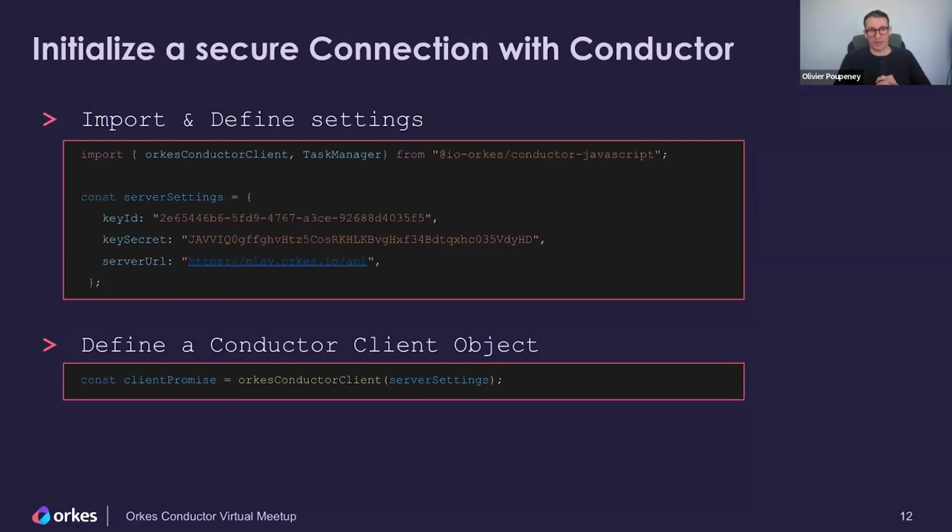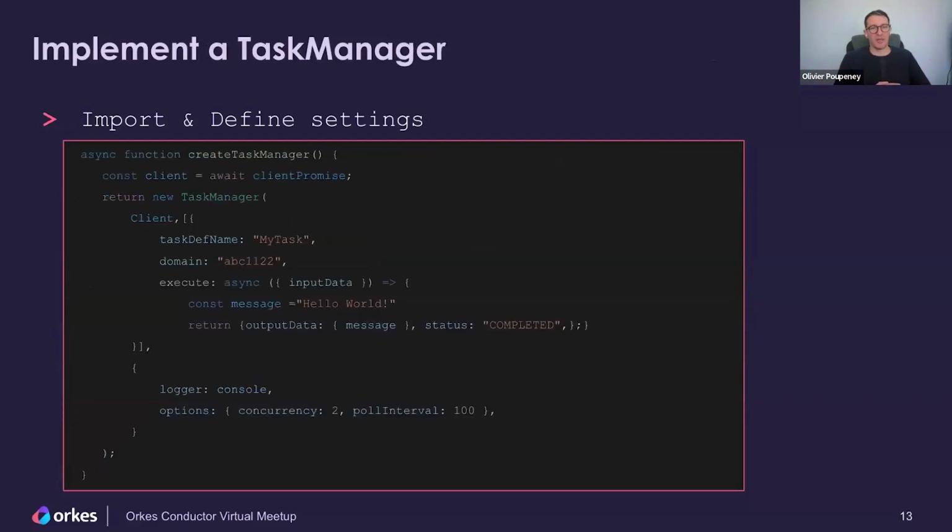The next step will be to define your client object as a promise. So you're going to do that from the Orkes Conductor client class with the server settings. And then the next step will be to create your task manager. The task manager will be set up with some poll intervals, and will also define the level of concurrency you want, depending on the way you're going to deploy your worker.